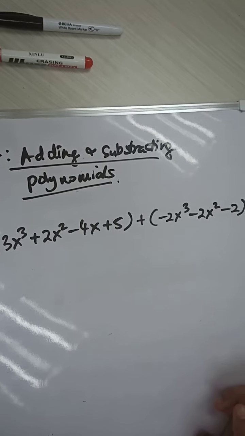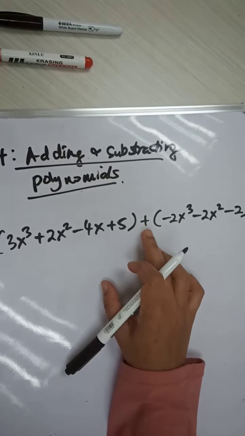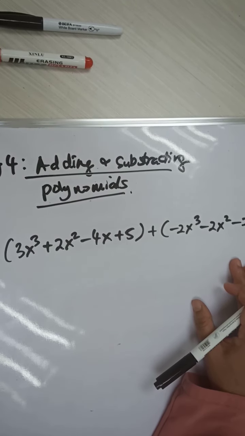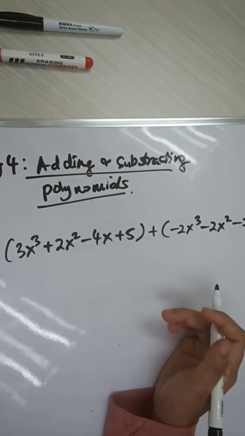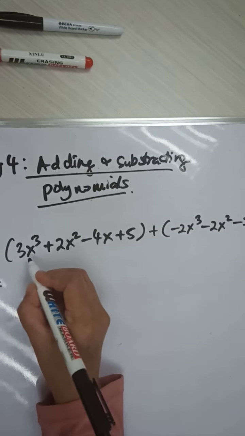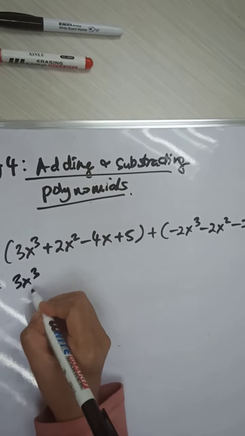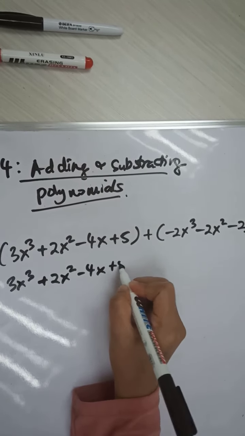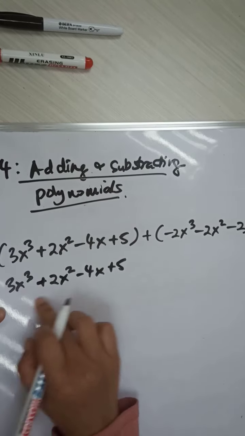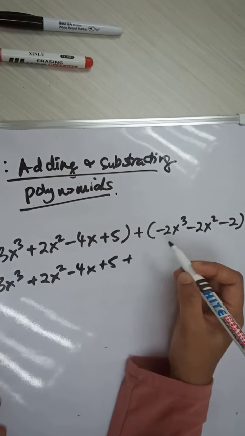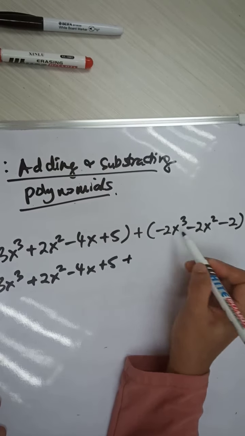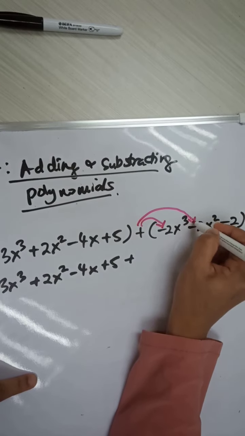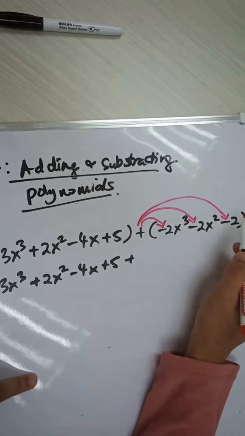For the first example, this is an example involving addition of polynomials. Firstly, how can we solve this? You have to open the bracket. When you open it, you get 3x cubed plus 2x squared minus 4x plus 5. This is the first polynomial. And then plus, you have to expand one by one, positive multiply negative, for each term inside the bracket.